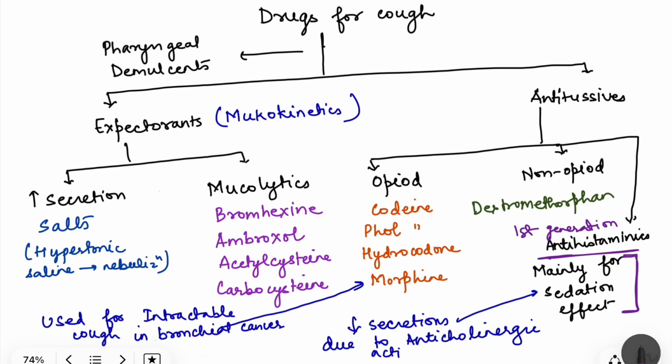Apart from sedation, they also have an anticholinergic effect, and because of this, they can also decrease secretions. So sometimes patients, when you give these antihistaminics, which are commonly present in cough syrups, complain of a choking sensation, like everything is blocked in their throat, because of this decreased secretion.